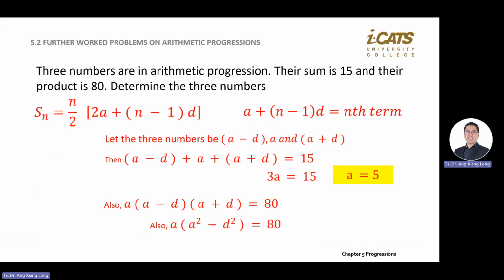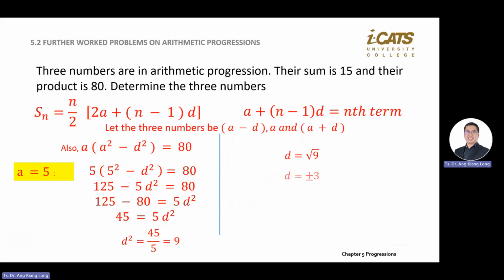It means these three numbers you multiply together, you get 80. So A is the first number. Or you can just write it like this: this one multiplied by this one multiplied by this one, also can. It's just the position only. You can put one more bracket A here, it's the same. You can put a bracket A here. It's just that sometimes when we solve an equation, we try to arrange it in a neat way.